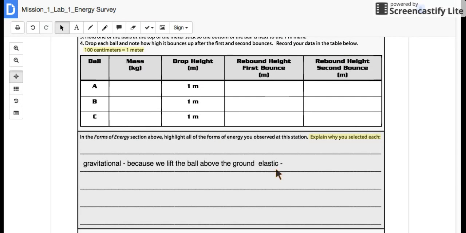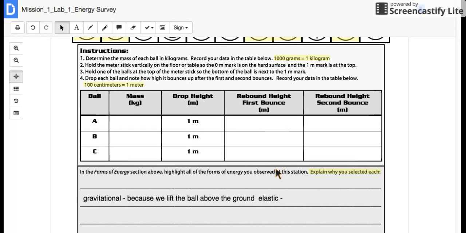Then you would go on and list elastic. So why do you have elastic? Because when the ball hits the ground, it deforms, and that energy gets stored in that deformation of the ball, and then it goes back to its original shape and shoots back out. So for a moment, it's stored as elastic potential energy.